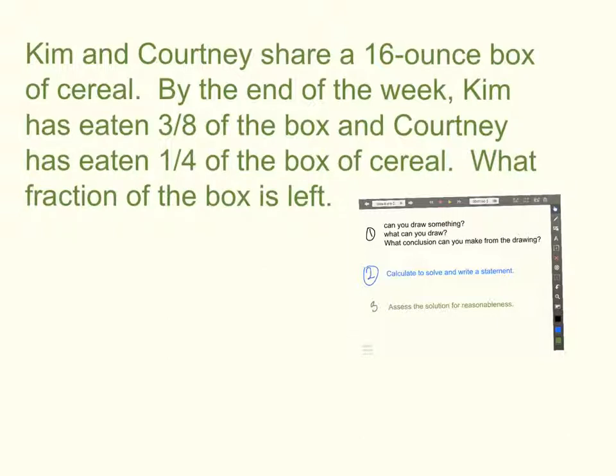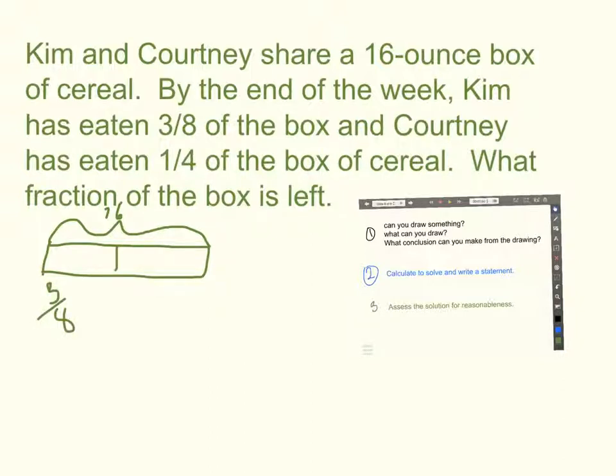So I know I can draw a bar graph. We know that the total is how much? 16. How much did they eat so far? That's interesting. I know that it's 3/8 and 1/4. What I'm wondering, what this question is asking, is how much is left. So how can I find out how much cereal they ate?